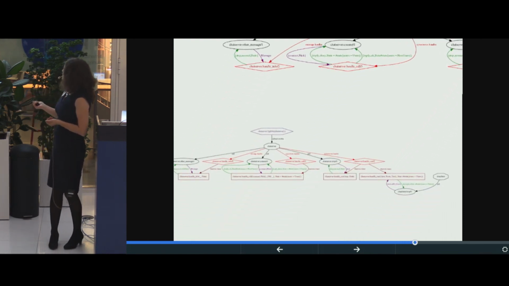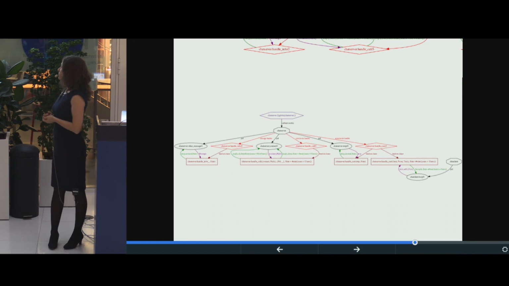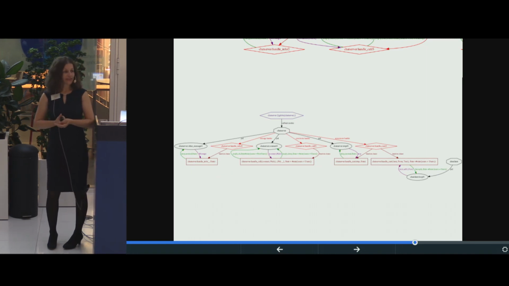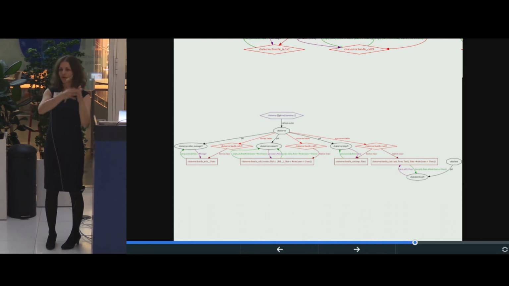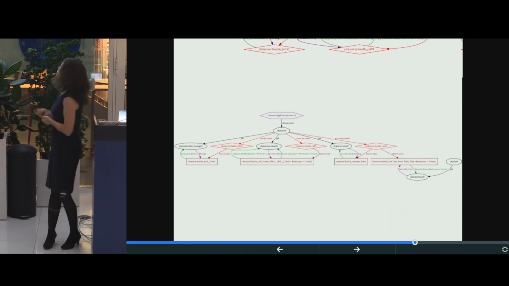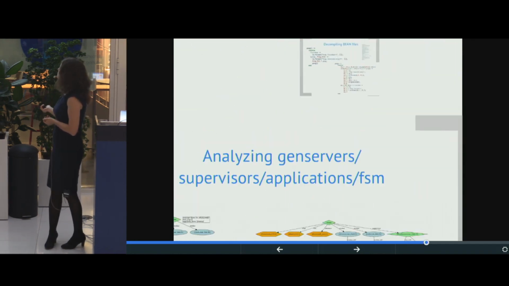I think we have a detailed view based on the function clauses of the handle calls as well, so you can say, okay, these are calls and casts, separated by the different branches of the calls and casts.